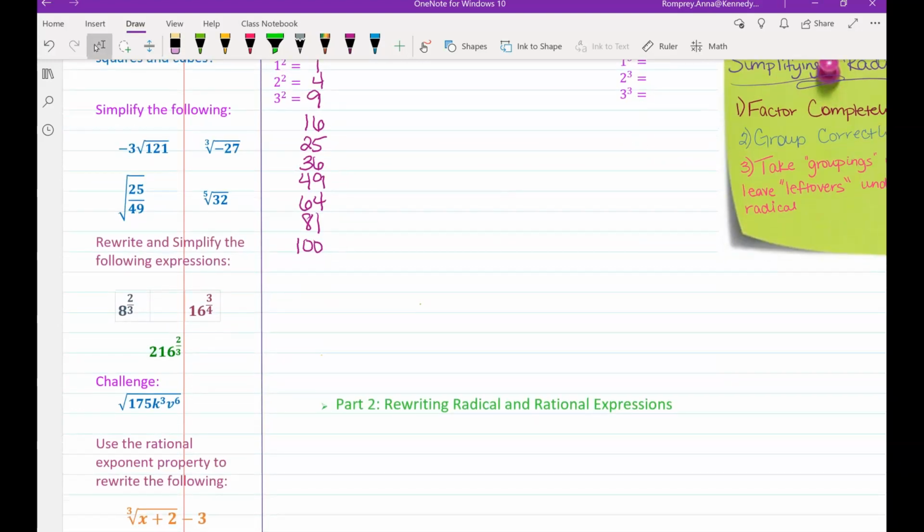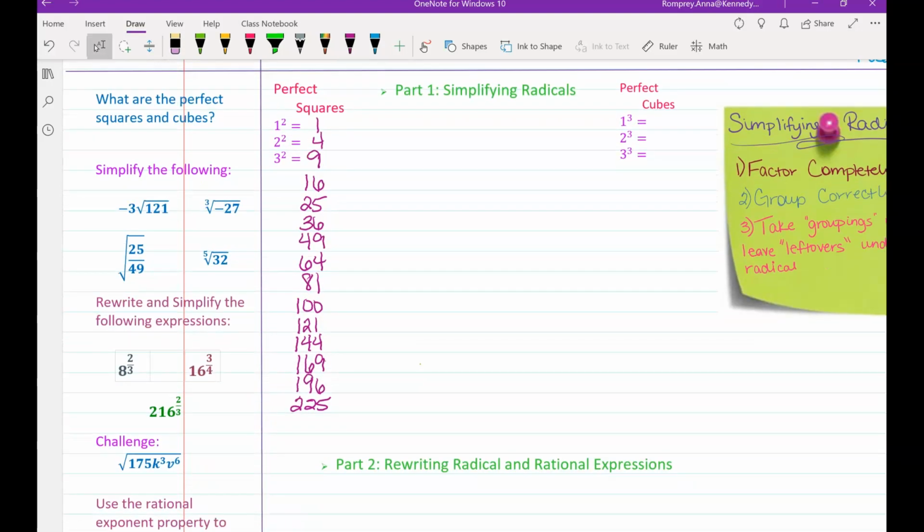Now if we go to 11, we have 121, 12, 144, 13, 169, 14, 196, and 15 is 225. So those are all of my perfect squares. If you can recognize them, sometimes it'll make your life a little bit easier.